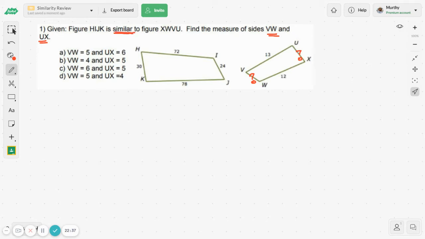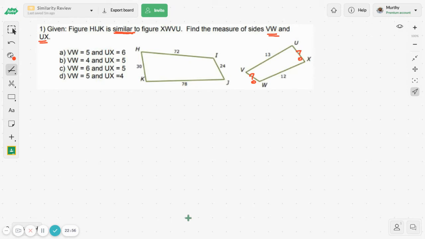If the quadrilaterals are similar, whether they are triangles, quadrilaterals or pentagons, the sides are proportional. First of all, we have to make sure that both figures have the same orientation.